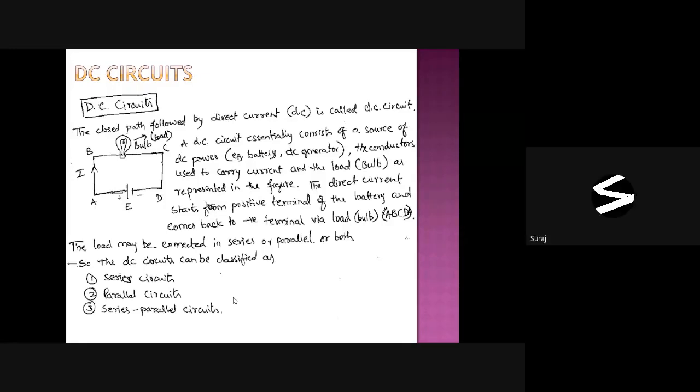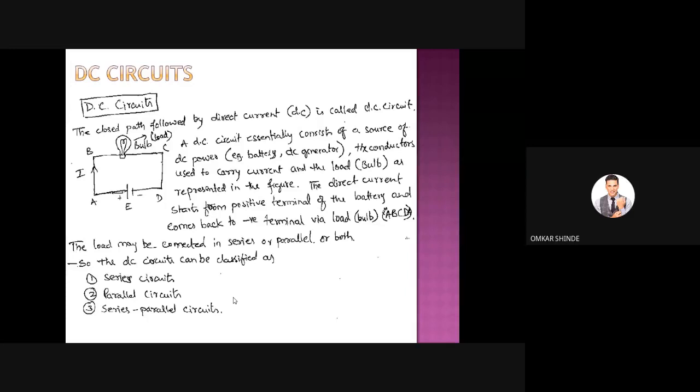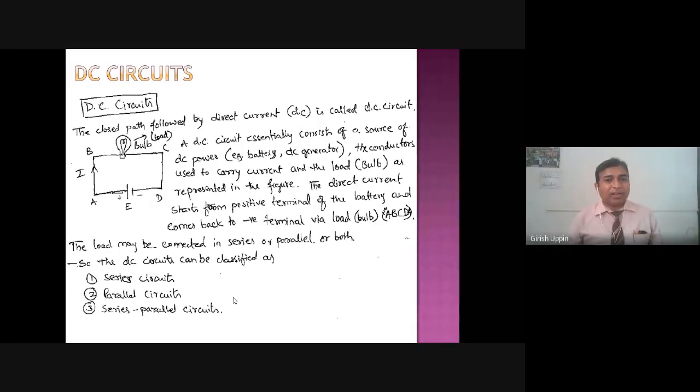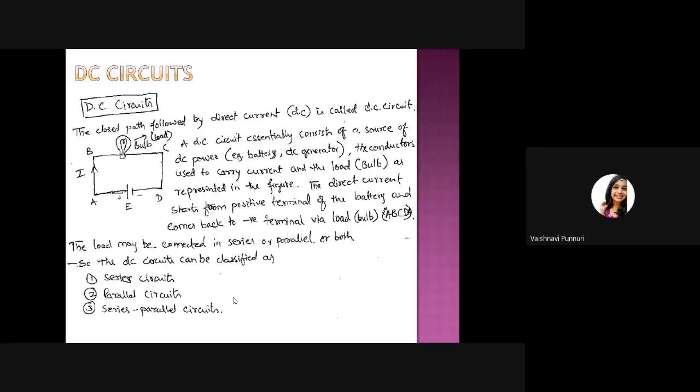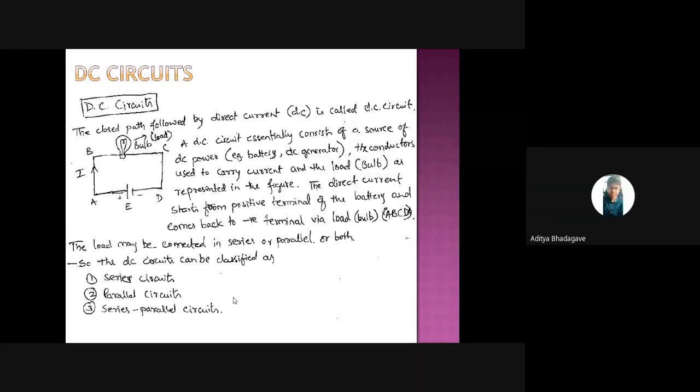Parallel. Why parallel? Correct, parallel is correct. Why? So current is divided. Current is divided, correct. But is there any reason why it is not series? Sir, if any fault happens in the circuit, then all the connections will not get blasted.